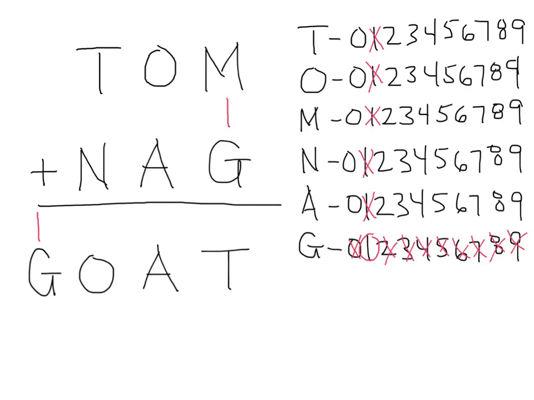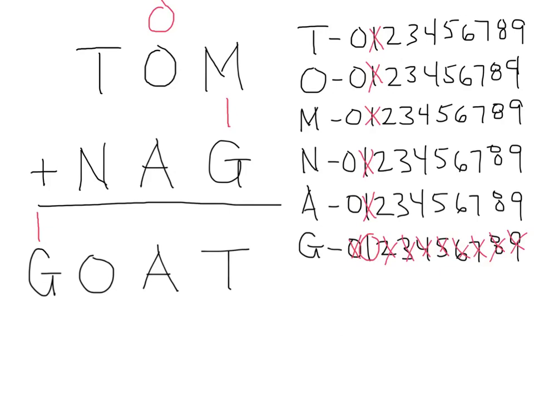O plus A equals A, or, you know, something plus A equals A. Alright, so when I think about that, I think that O must have to be 0, because 0 plus A would equal A, right? 0 plus 4 is 4. 0 plus 8 is 8. So I think that the O in Tom has to be a 0.